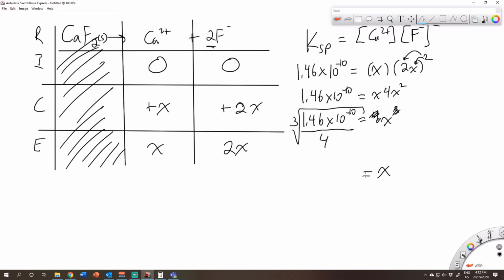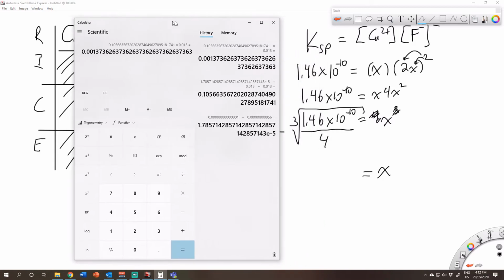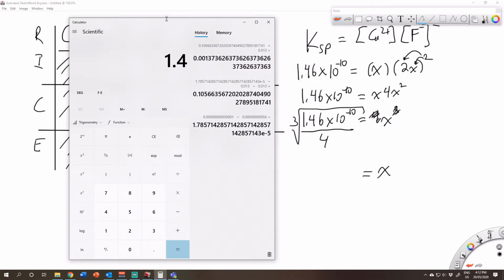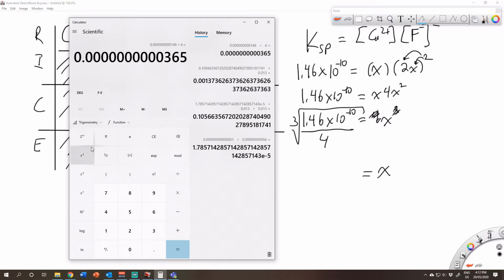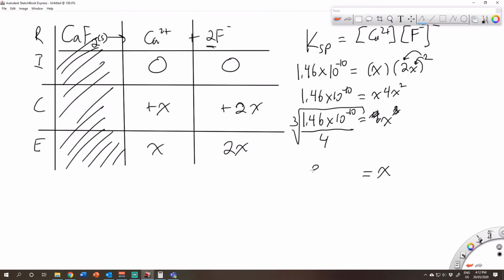All right, let's pull out the calculator and we'll put it in. So 1.46 times 10 to the negative 10 divided by 4, and then we'll cube root that. So we get x is 3.317 times 10 to the negative 4.